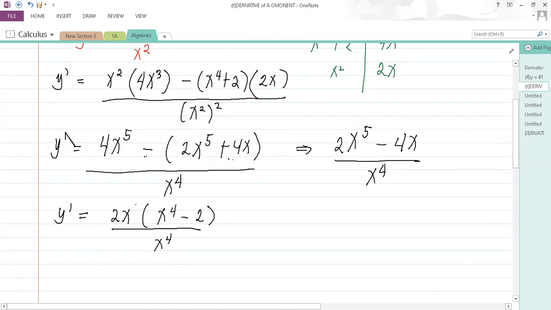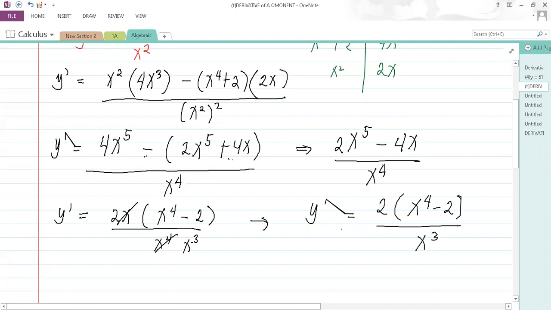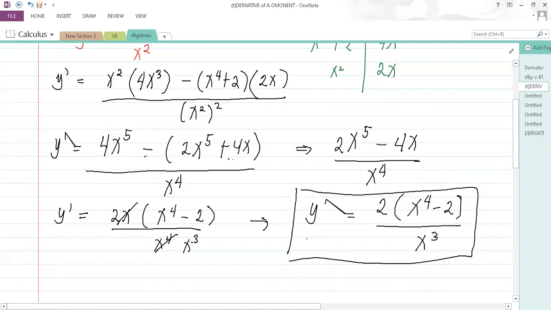Okay, so pwede tayong magtanggal ng isang x dito. Okay, so yung final answer na natin dito is the derivative is equal to 2 multiplied by x raised to 4 minus 2 over x cube. Ito na yung simplified na sagot. So this will be the derivative of the given function.